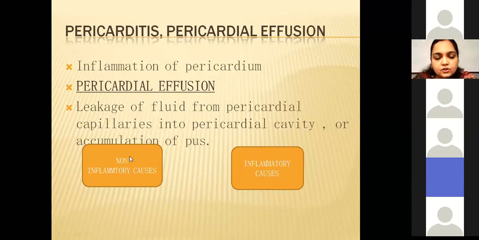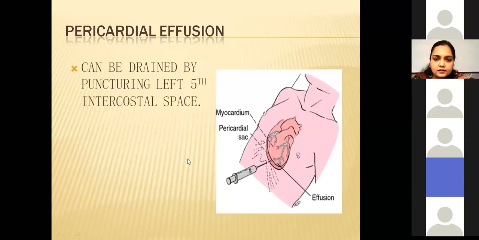There are two causes for pericardial effusion, inflammatory causes and non-inflammatory causes: accumulation of pus, or it can be due to some other congestive heart disease.